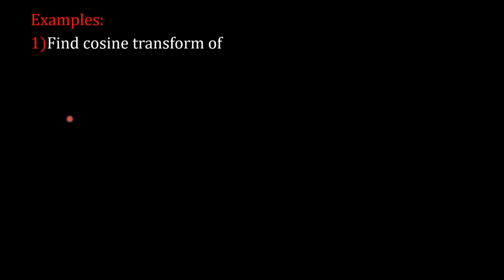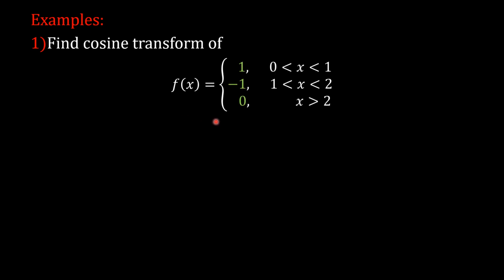Example first. Find cosine transform of f of x is equal to 1, which is for x lying in the interval 0 to 1. F of x takes the value minus 1 in the interval 1 to 2 and 0 for x greater than 2. That is, the interval is 2 to infinity.